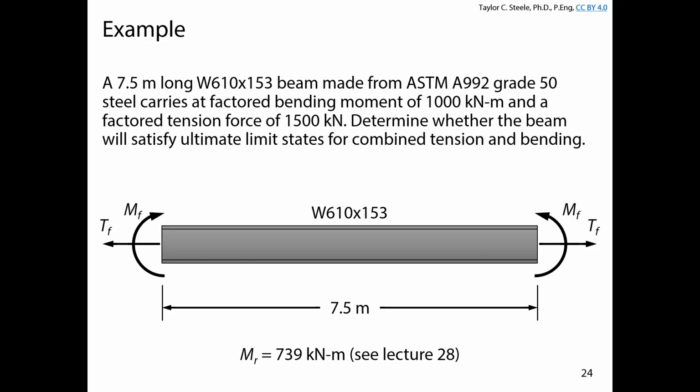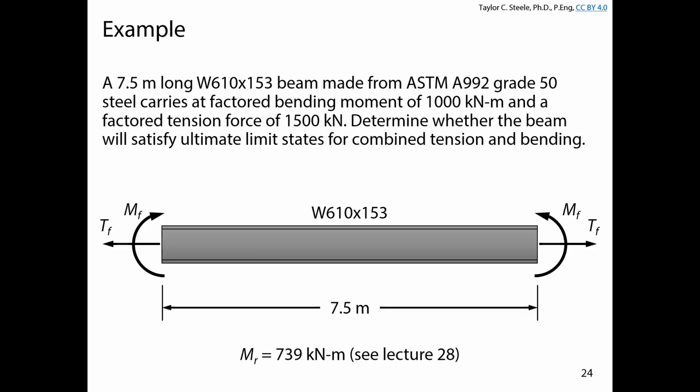We already know from before that MR is 721 kilonewton meters, and because we had to calculate MP for this beam to figure out whether or not we were going to get elastic lateral torsional buckling, MP was 1,587 kilonewton meters.